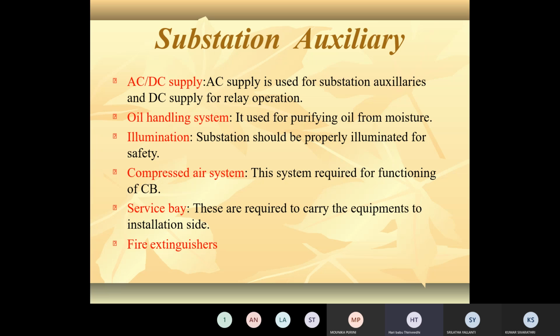It must be properly illuminated for safety purposes. And the compressed air system is used for the functioning of circuit breakers. And the fire extinguisher is used if any fire accident occurs.